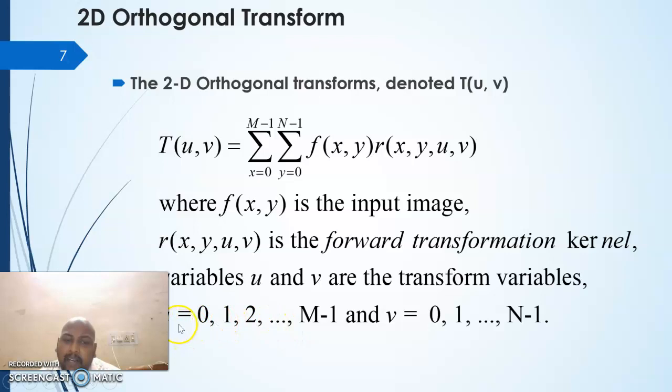The transform variables range as u is equal to 0 to m minus 1 and v is equal to 0 to n minus 1.